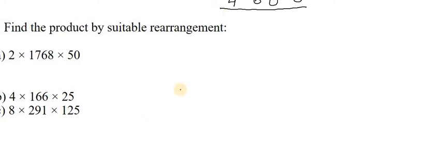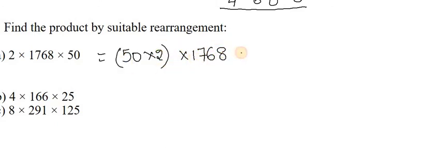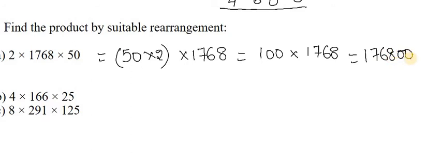So in this question, my arrangement will be: first I'll multiply 50 with 2, and then whatever answer I get, I'll multiply with 1768. Why am I multiplying 50 with 2? Because to get the answer 100. Any number multiplied by 10 or 100, you get the answer simply by adding zeros. So that is the reason I'm multiplying like this.